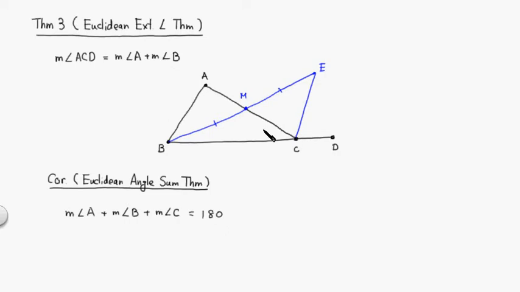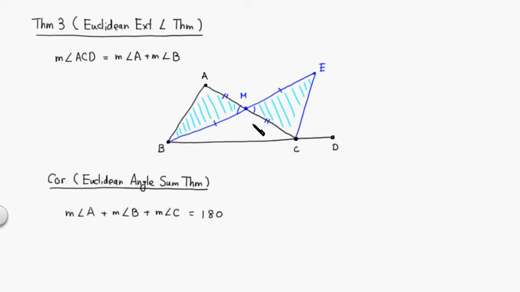Right, again, since M is a midpoint, we know that these are congruent. And you have a vertical angle here and there. So we know that these triangles right here, this triangle ABM and CEM, these are congruent triangles using side, angle, side.